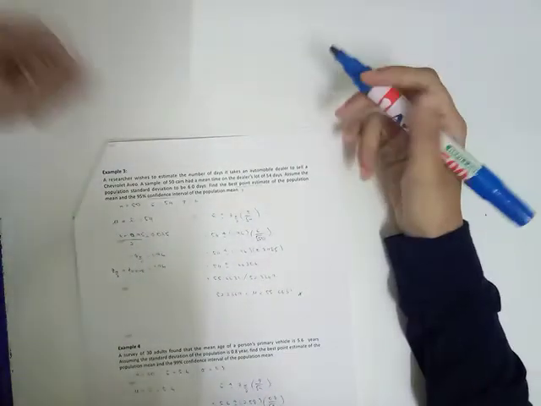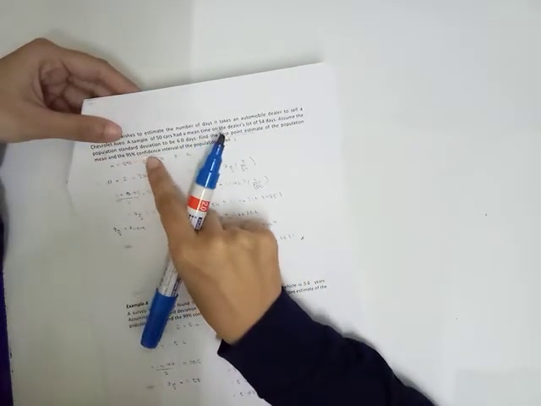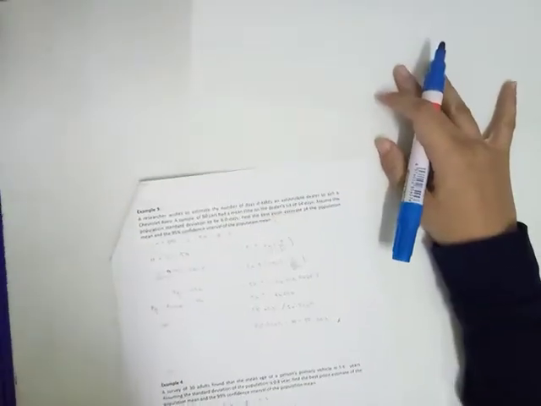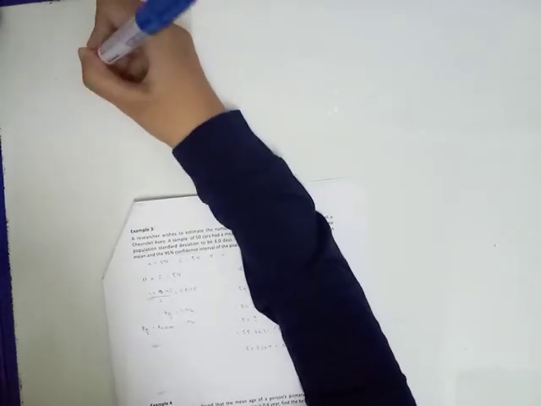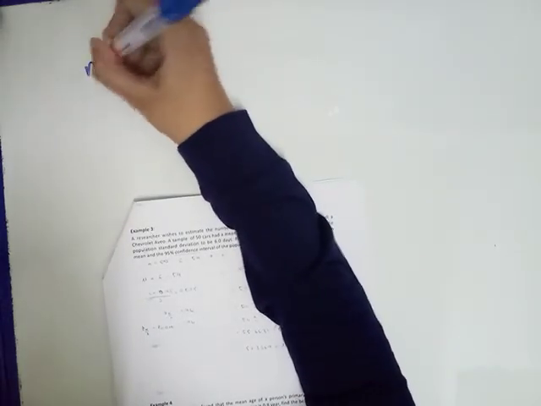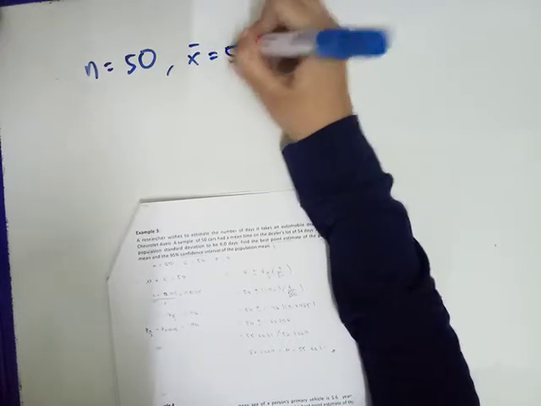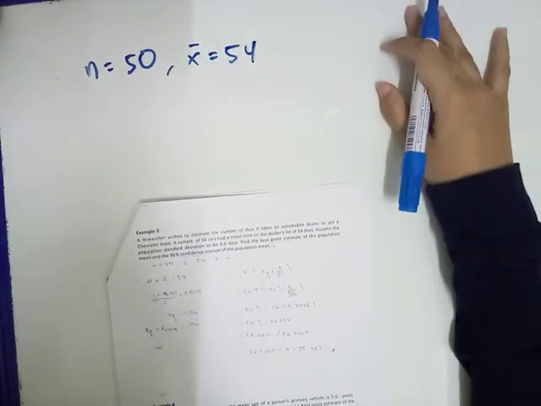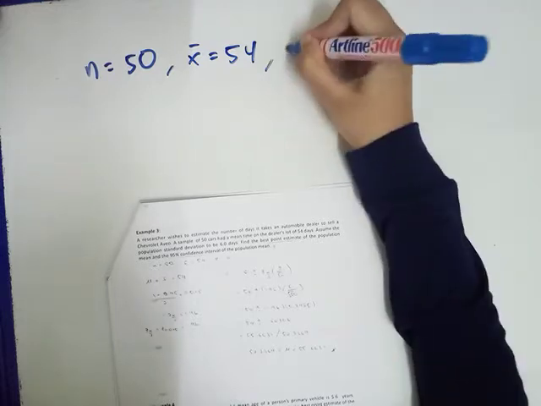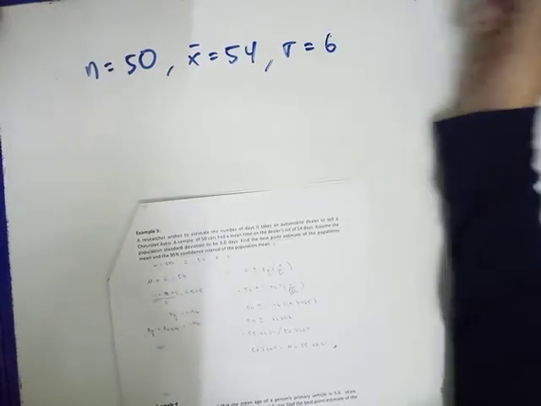Okay, so kat situ dia minta dua soalan. Find the best point estimate of the population mean and the 95% confidence interval of the population mean. So from the question, it gives us the sample size, which is n equals 50, the sample mean, which is 54, and the standard deviation, which is 6.